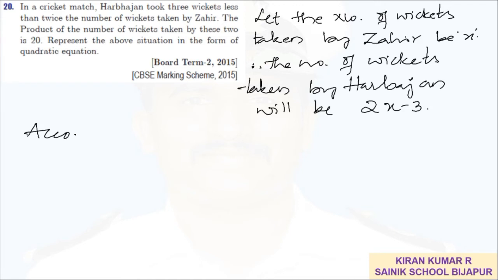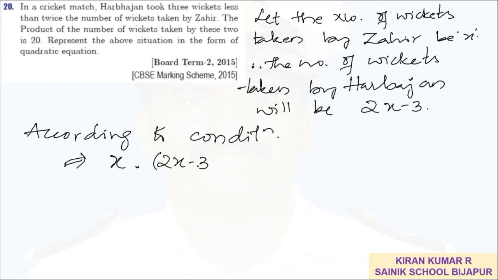According to the condition, they have given the product of these two. So x multiplied by 2x minus 3 is equal to 20, or else I'll write it as 2x square minus 3x minus 20 equal to 0.